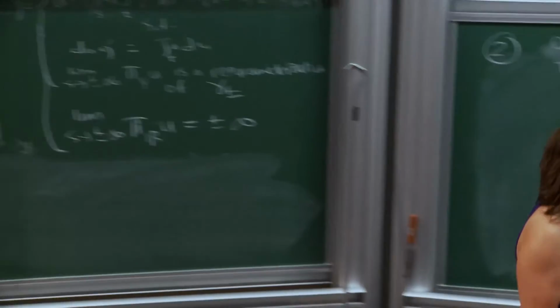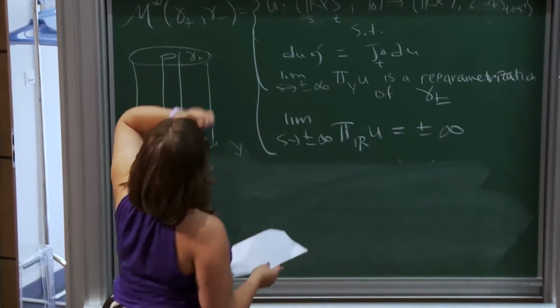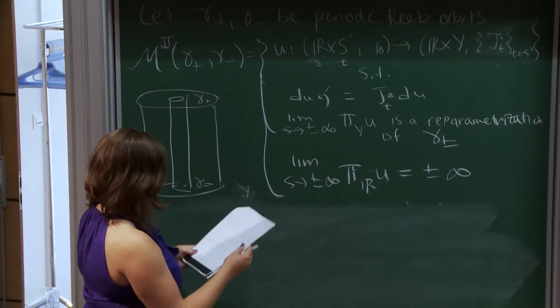The point is now all the curves that were multiply covered are no longer going to be multiply covered for a generic family of almost complex structures that depends on the domain.